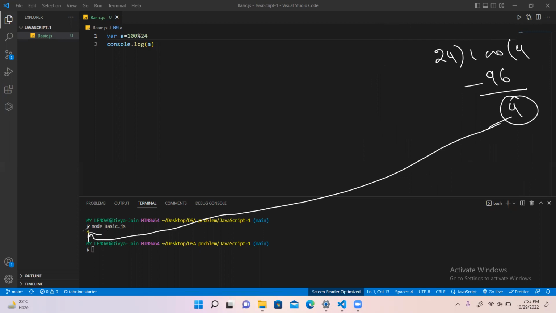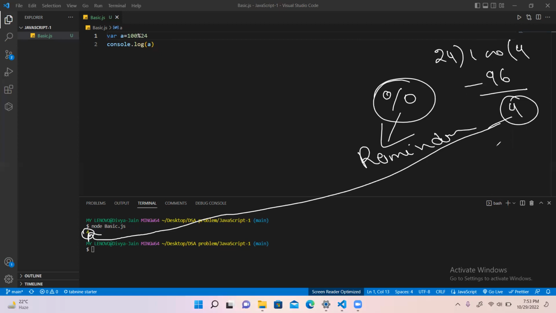Okay, so your remainder is the value. When you use the modulo sign, your answer is the remainder, or when you use the divide symbol, your answer is the quotient. Okay, so specially use it this way.